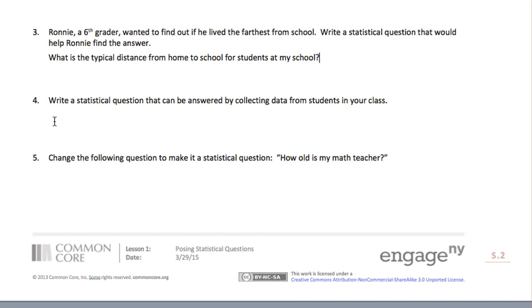Next one, write a statistical question that can be answered by collecting data from students in your class. So there are certainly many different questions we could ask, but we could ask something like, how many pets are owned by each person in class?